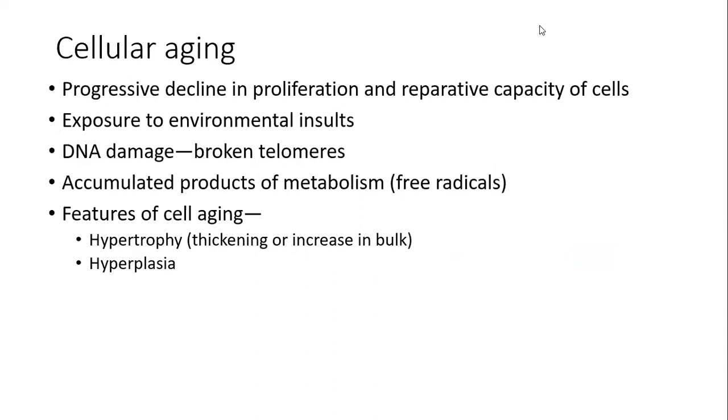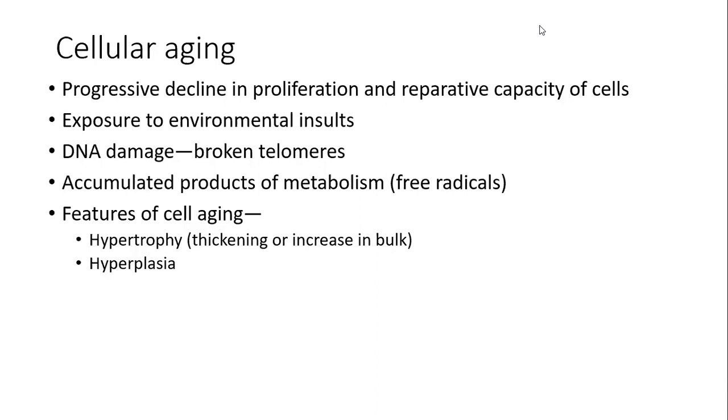So cellular aging is the progressive decline in proliferation and reparative capacity of a cell. It can be caused by exposure to environmental insults, external forces, or by intrinsic forces like damaged DNA, broken telomeres, you may recall what those are, and accumulated products of metabolism, such as free radicals.